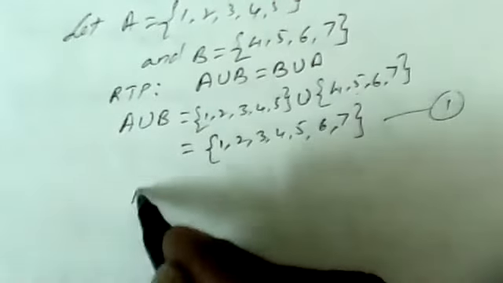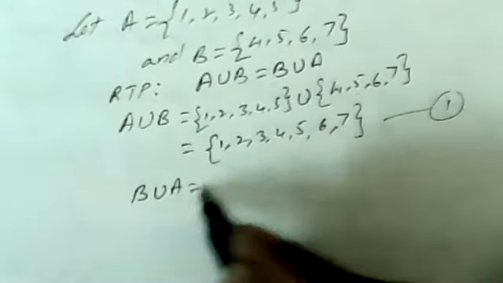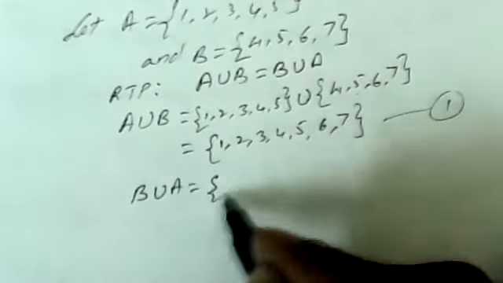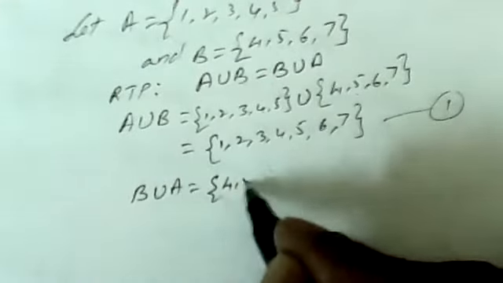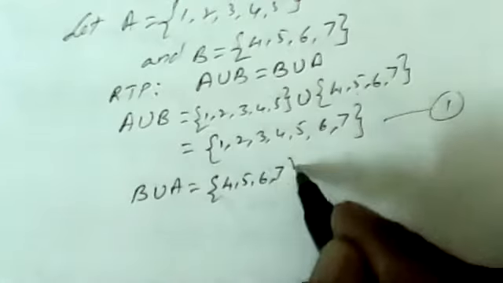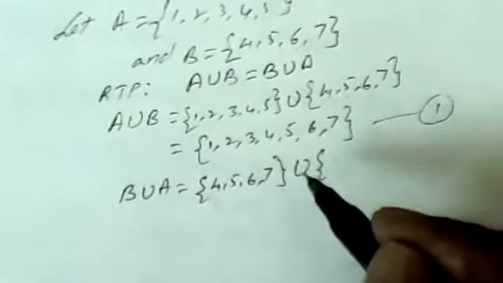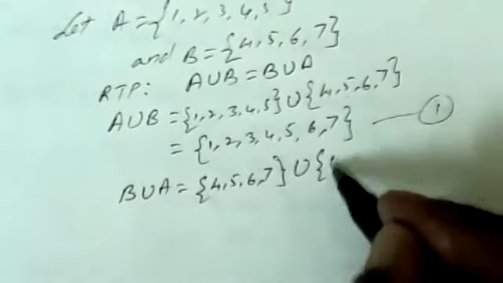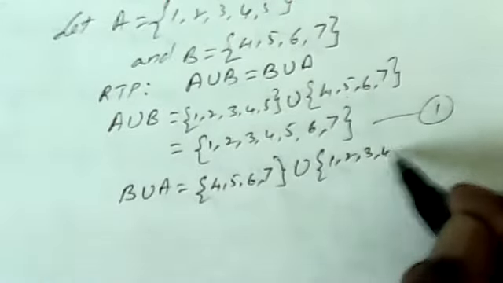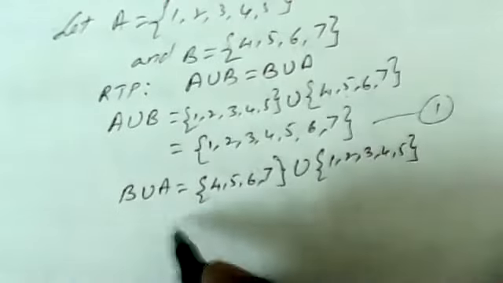Similarly, find out B union A. So 4, 5, 6, 7 union set A, that is 1, 2, 3, 4, 5. So what do we get again?